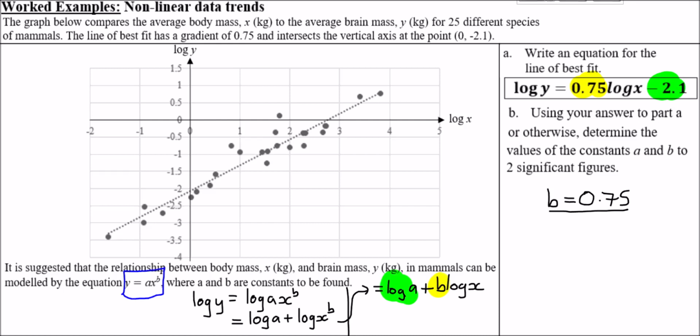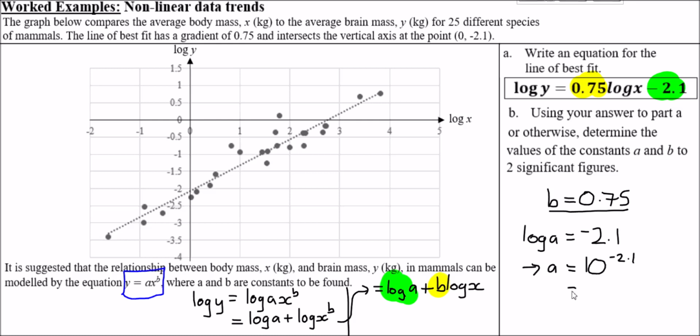We can work out a just by using exponentials. So log a must be minus 2.1. We can work out what a is by taking 10 to the power of minus 2.1. So a must be 10 to the power of minus 2.1.